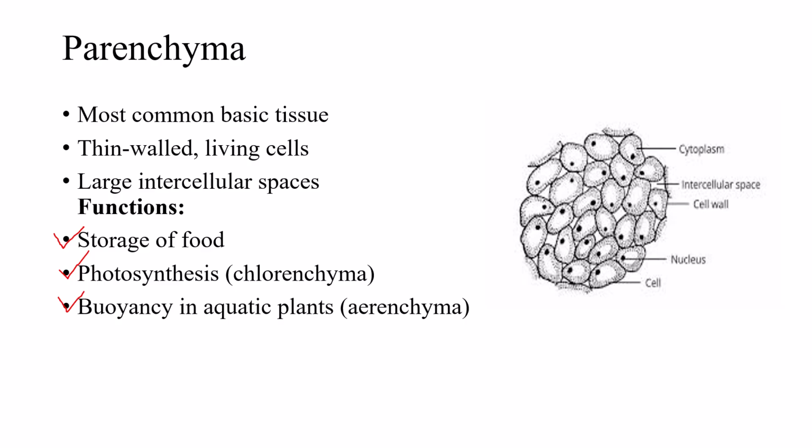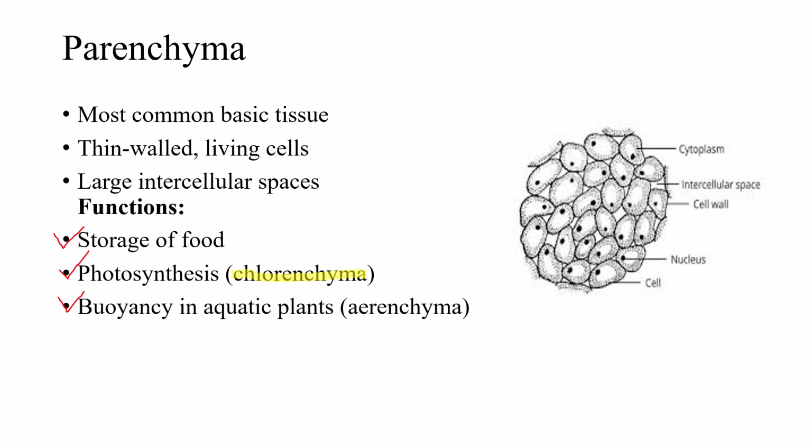For simple understanding, this parenchyma tissue has a lot of chloroplast, which is a type of plastid. We have learnt it in the cell chapter. And it has a lot of chloroplast, so it helps in the process of photosynthesis. What is photosynthesis?